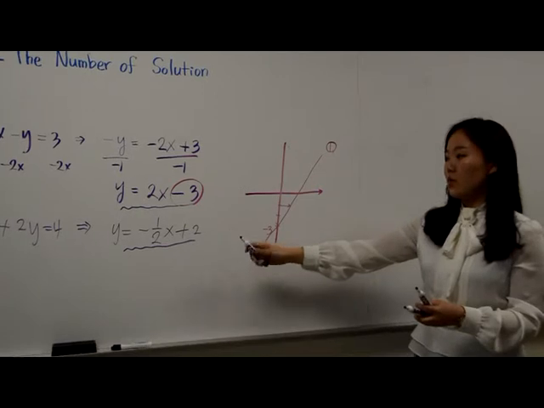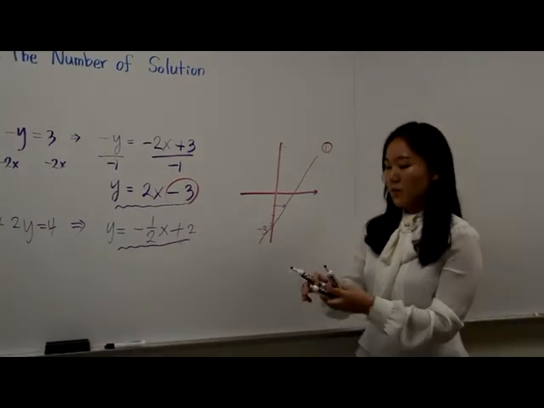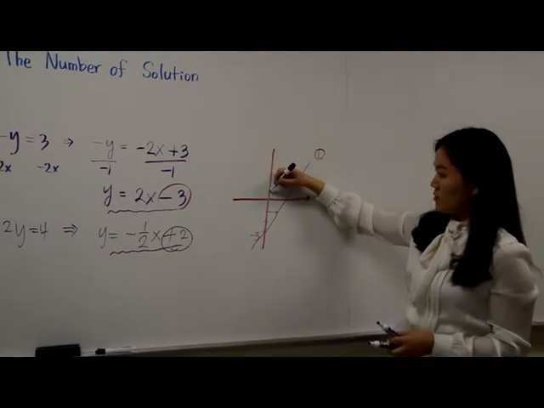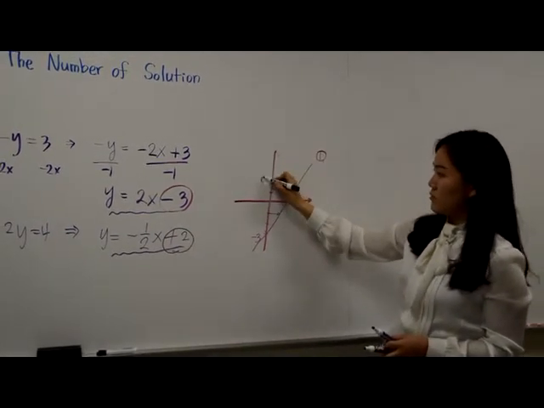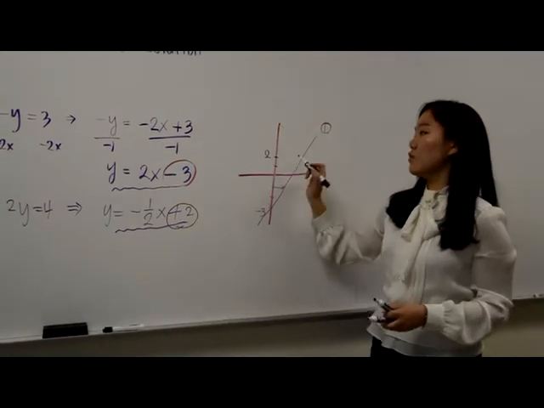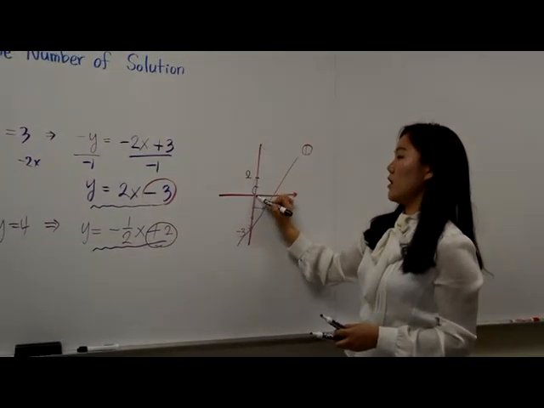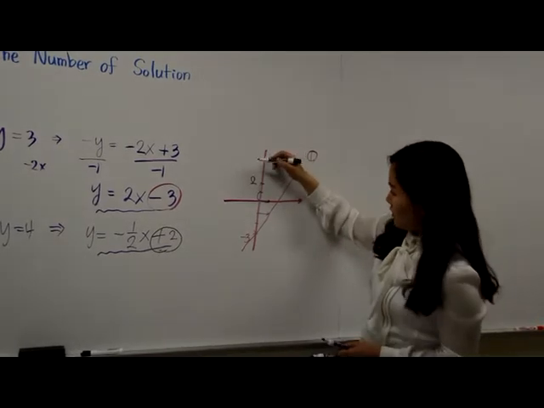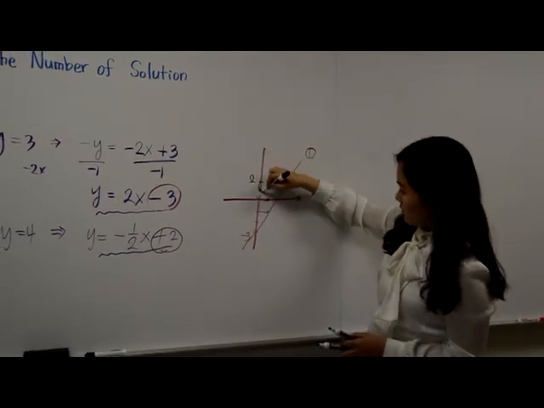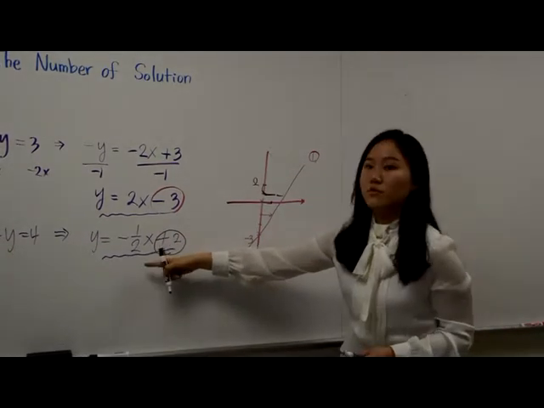What about the second one? Start from this positive 2. So that's positive 2. And then its slope is negative half, right? So go down 1 and go over 2. That's rise over run, right?